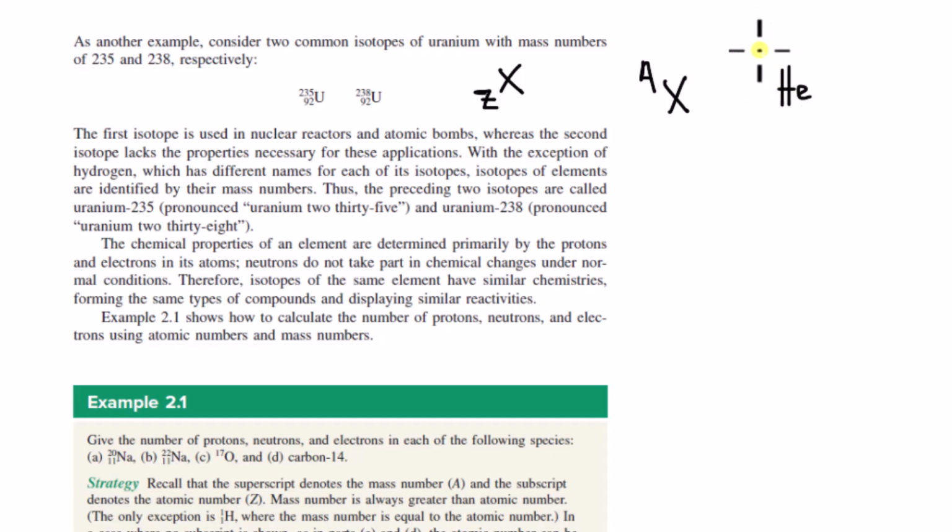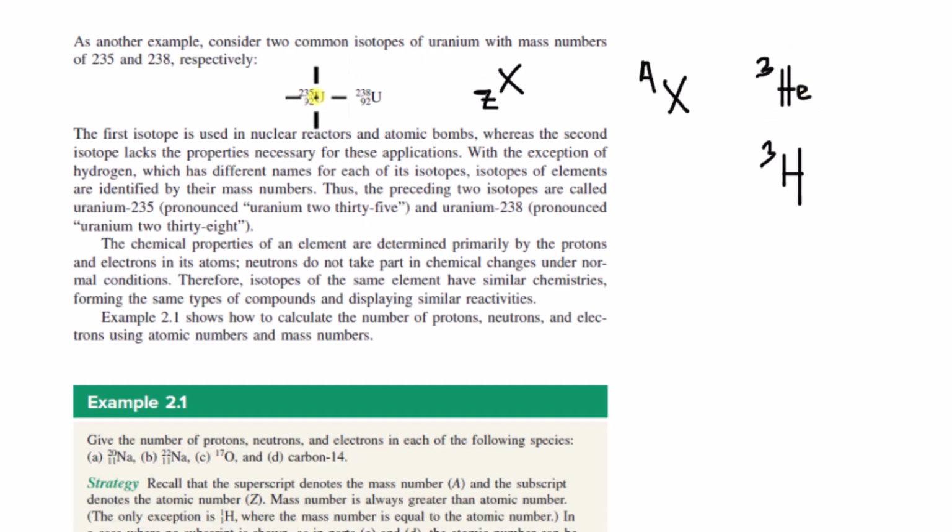There's an isotope of helium with 2 protons and 1 neutron in the nucleus, so that's mass number 3. But we just saw the tritium hydrogen isotope has mass number 3. So just because you have the mass number, that doesn't guarantee that you know what the element is. But if you have the atomic number, that does guarantee what the element is, what the chemical symbol is.